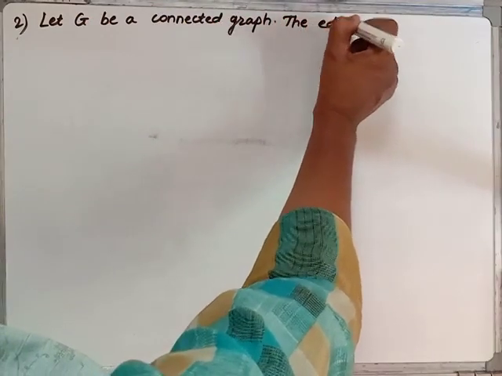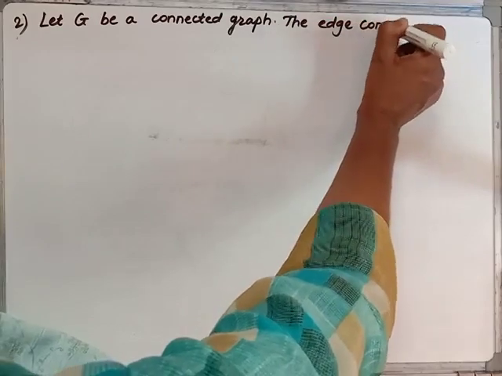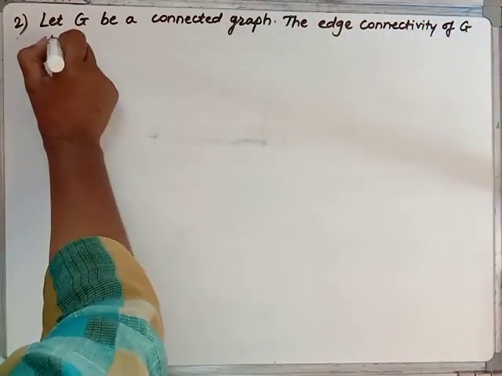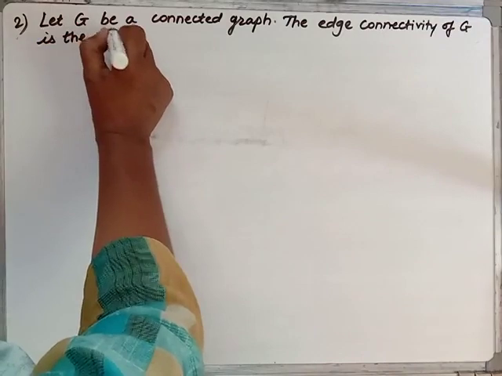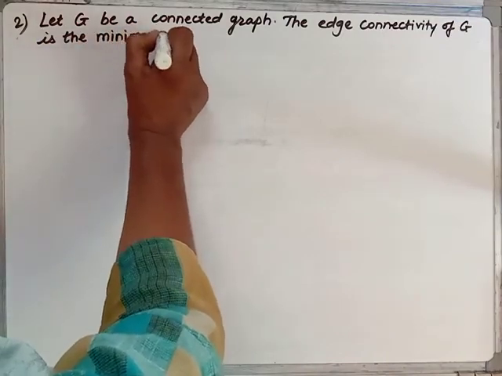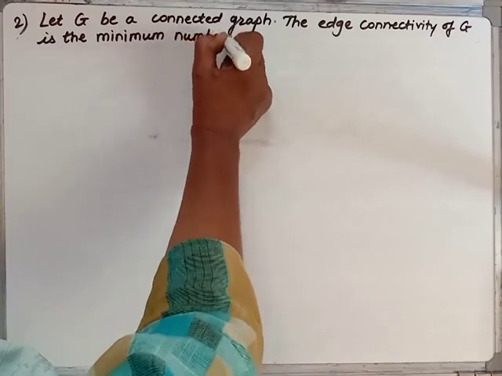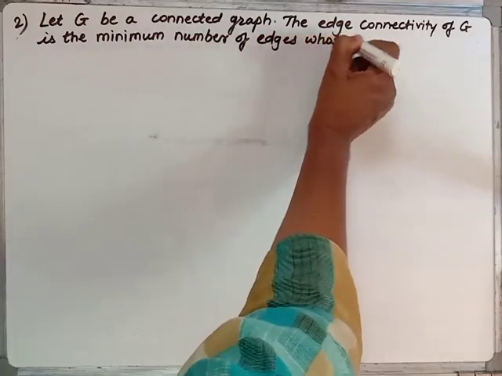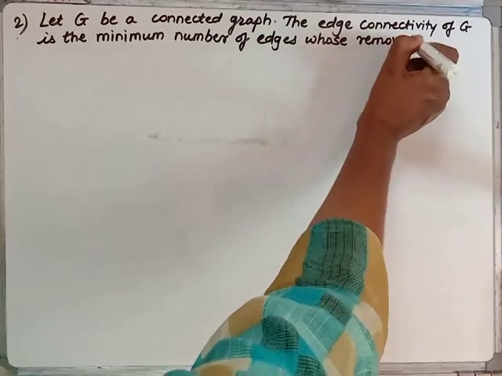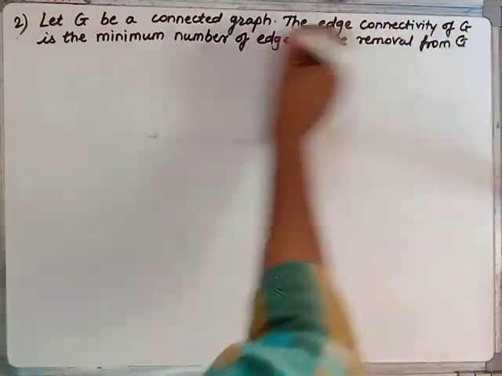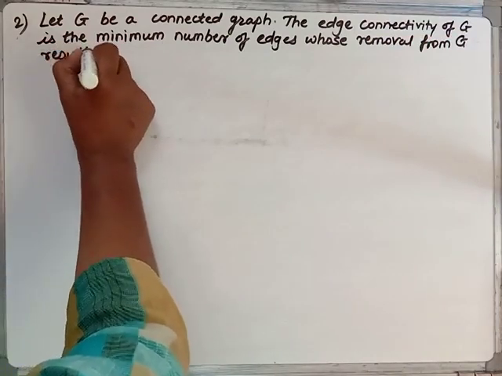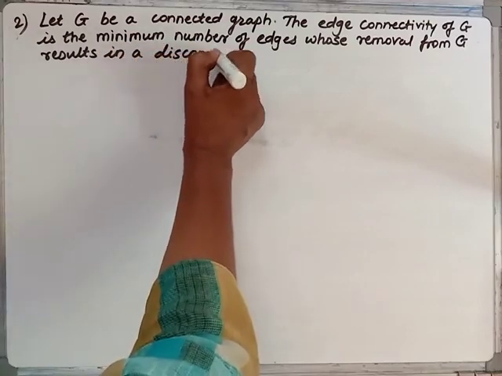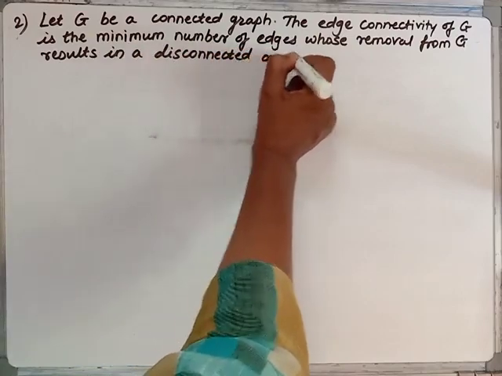The edge connectivity of G is the minimum number of edges whose removal from G results in a disconnected or a trivial graph.